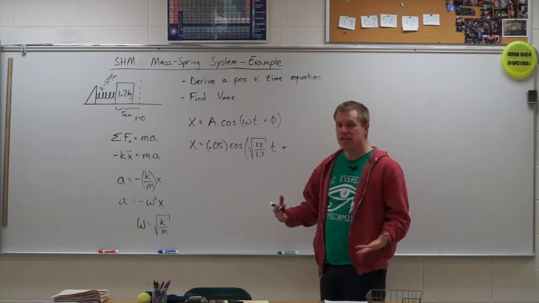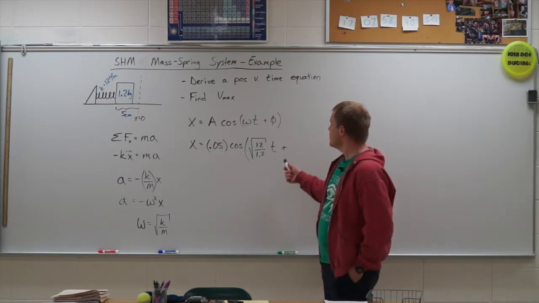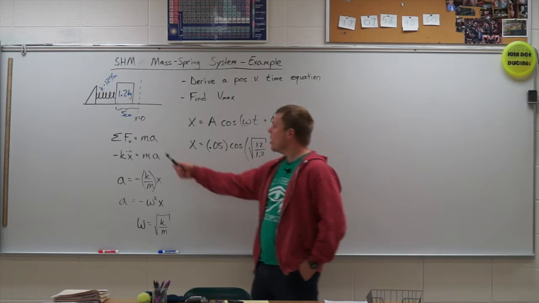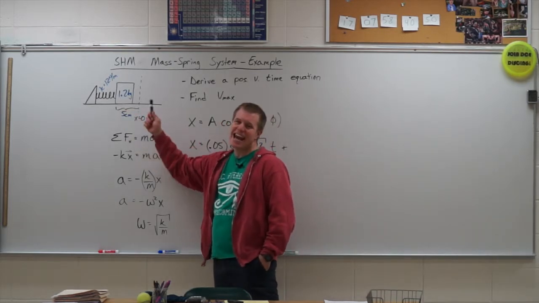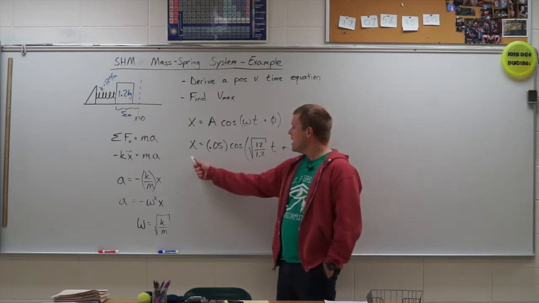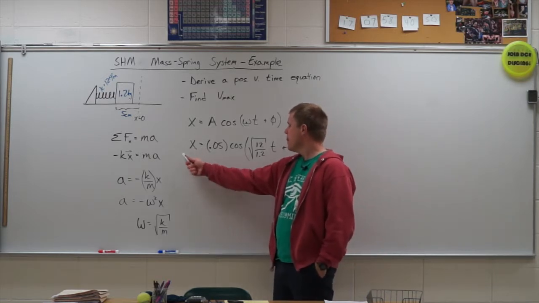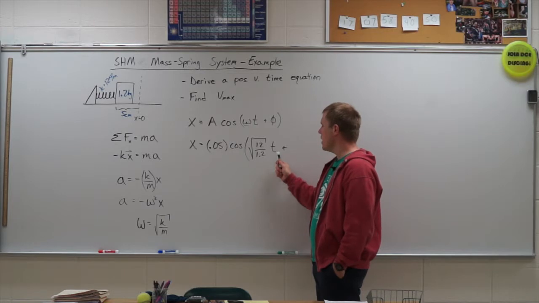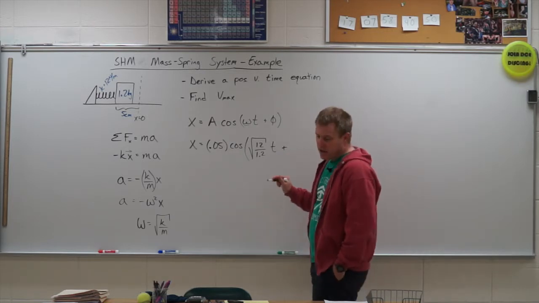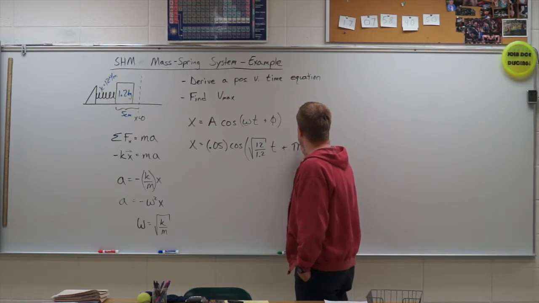All right, I need a phi value, a phase shift. The easy way to do this is to plug in a condition. For instance, I know at time 0 it should be at negative 5 centimeters. If I plug in negative 0.05 here, and 0 for time, and solve for phi, you'll find out that you get a phase shift of pi.